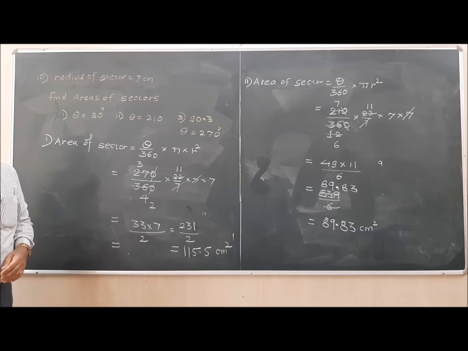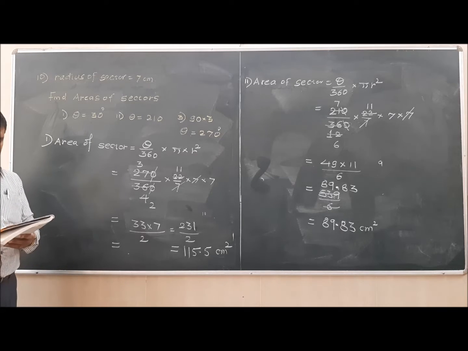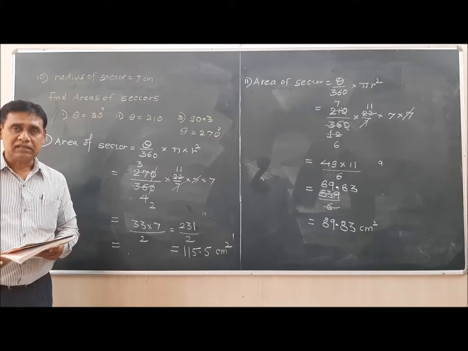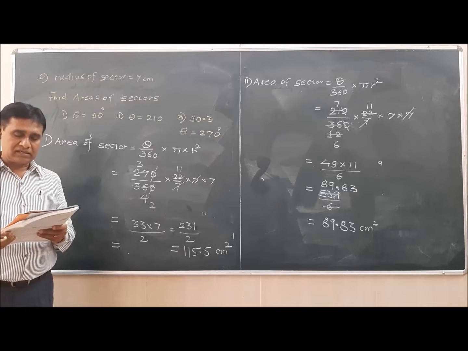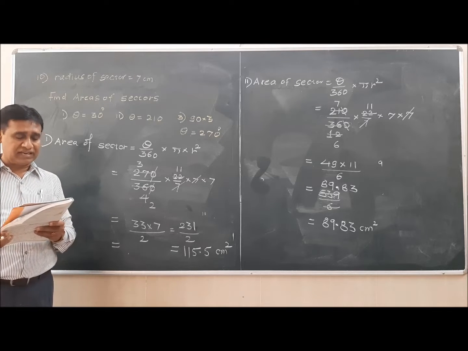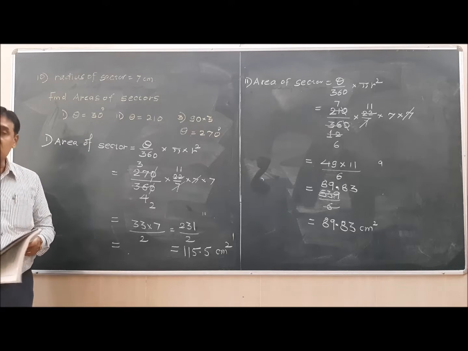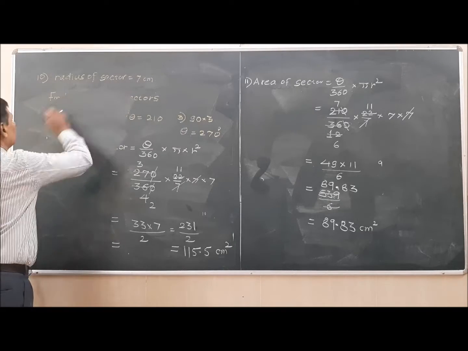Now I am going to begin question number 11. In question number 11, students, they have given us the area of a minor sector of a circle is 3.85 centimeters square and the measure of its central angle is 36 degree. Find the radius of the circle. Now let's see here what things are given first.